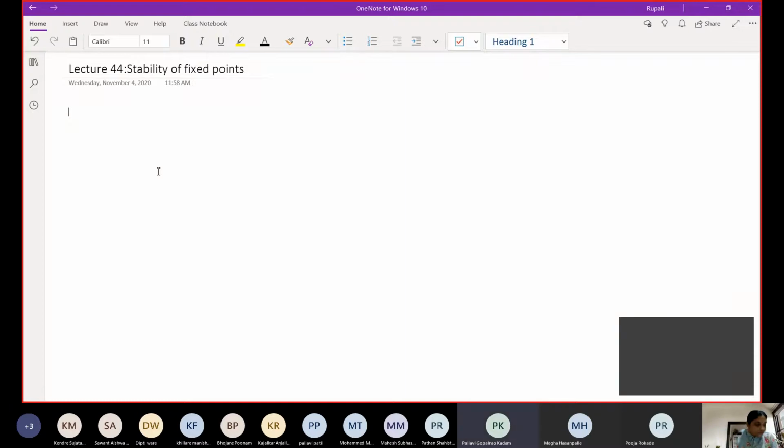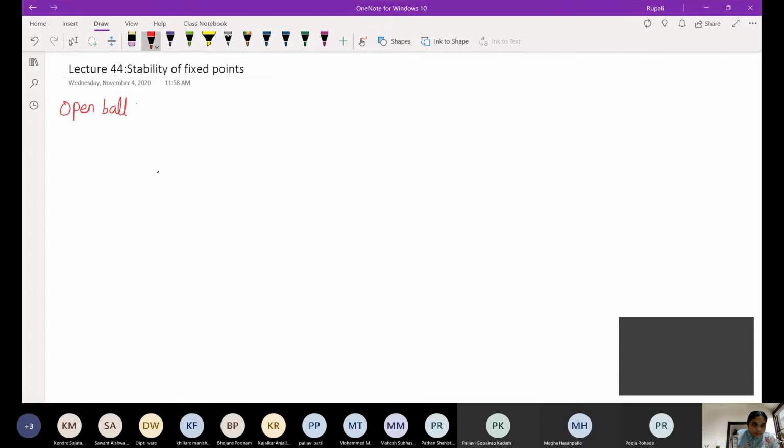Yes, ma'am. Okay, so this is not a new definition, but we are recalling this definition, open ball. Everybody may be knowing open ball in real analysis. What is an open ball? Let U belong to Rn and R greater than 0.